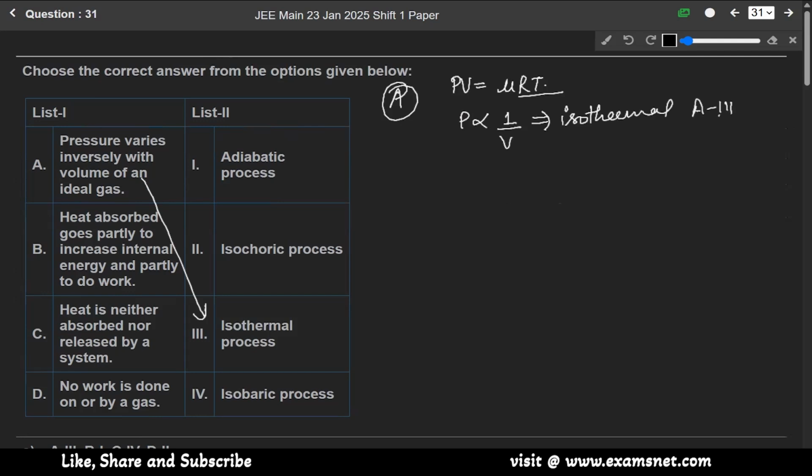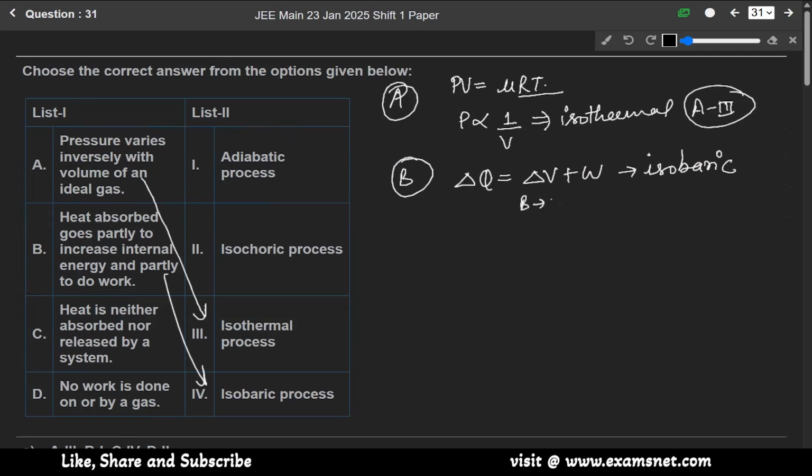B, heat absorbed goes partly to increase internal energy and partly to the work. Since we know that delta Q is equal to delta U plus W, it is isochoric, sorry, it is isobaric. So B matches with the fourth option. C, heat is neither absorbed nor released. It is an adiabatic process, we all know it.